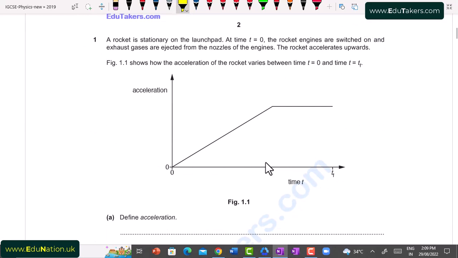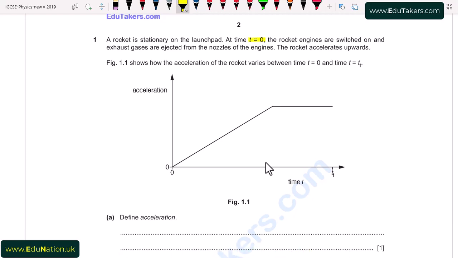A rocket is stationary on a launch pad. At time t equal to 0, the rocket engines are switched on and exhaust gases are ejected from the nozzle of the engine. The rocket accelerates upward. Figure 1.1 shows how the acceleration of the rocket varies between time t equal to 0 and time t equal to tf.